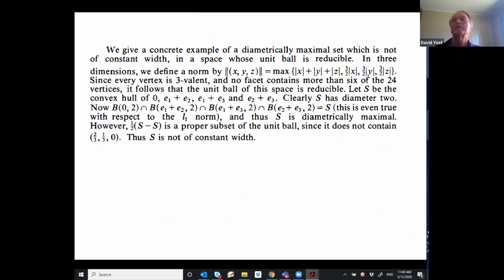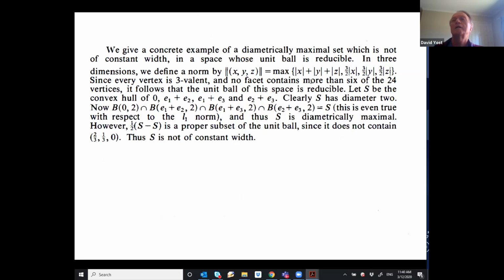So this is a truncated octahedron. What you get is a polyhedron which is simple. Every vertex has degree 3. And every facet, in fact, is going to be a square or a hexagon.